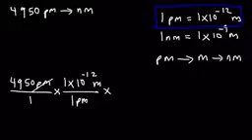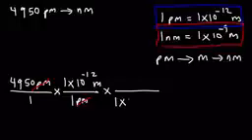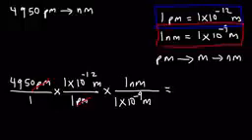So we can cross out these two units. Now, using the second conversion factor, let's convert meters to nanometers. So we're going to put meters on the bottom and then nanometers on top. So now let's do the math.